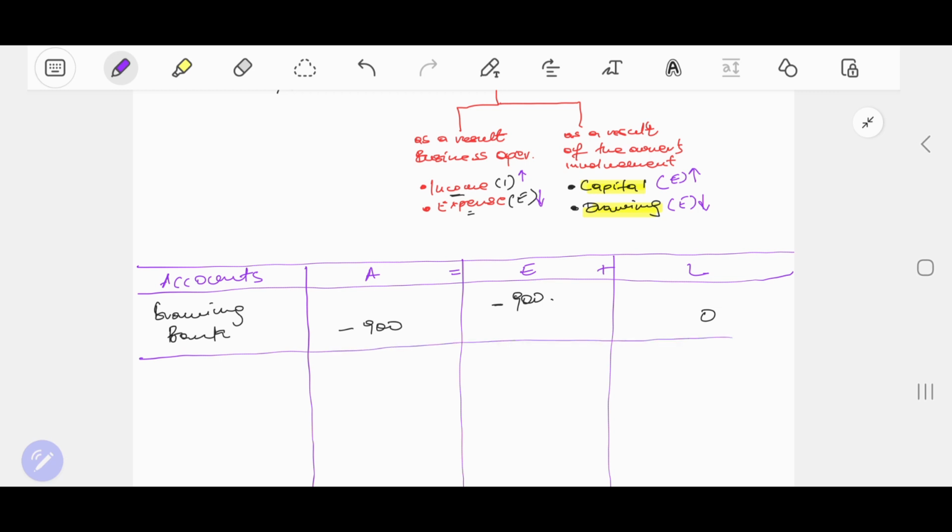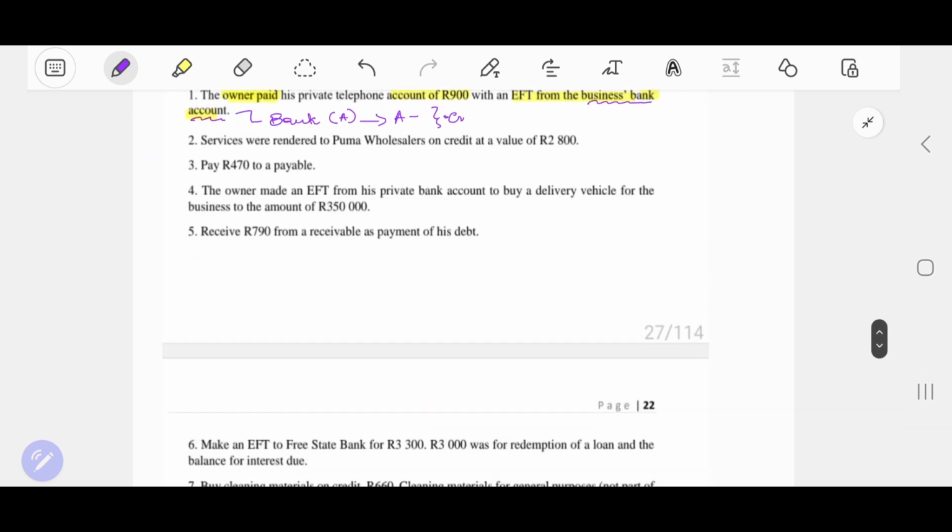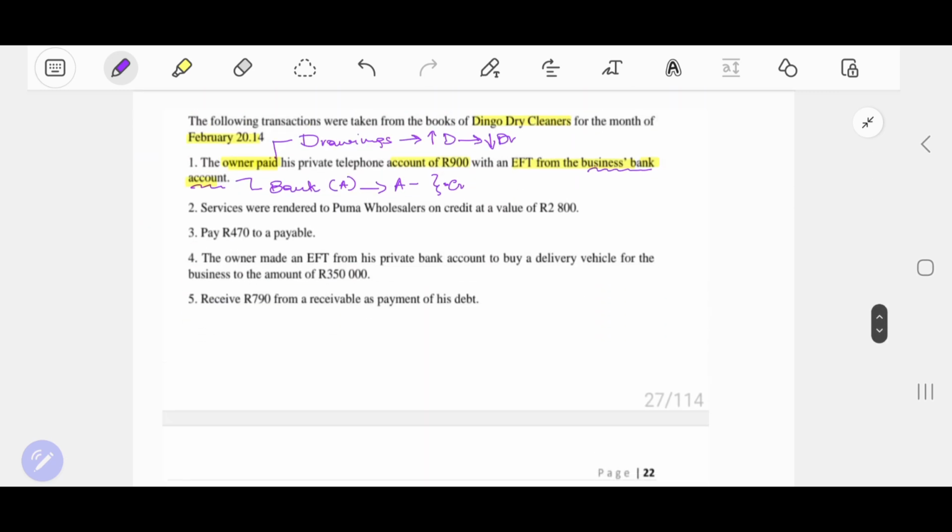Next transaction. Services were rendered to Puma wholesalers on credit to the value of 2,800. So there's a lot of information from this as well. So what happened? We rendered services. So we essentially sold the service, in quotation marks.